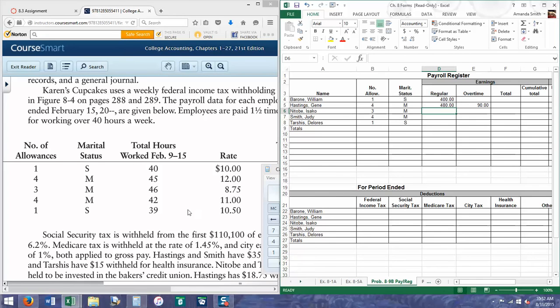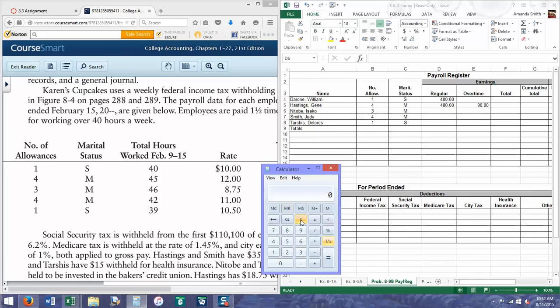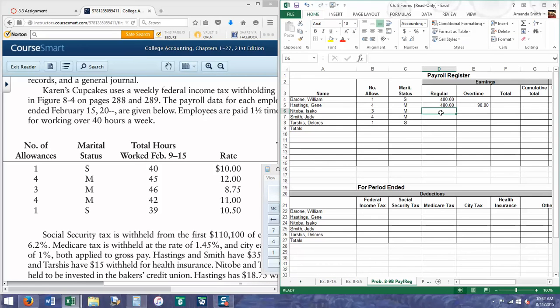The next employee worked 46 hours at $8.75 an hour. So take our 40 hours times $8.75, gives us $350.